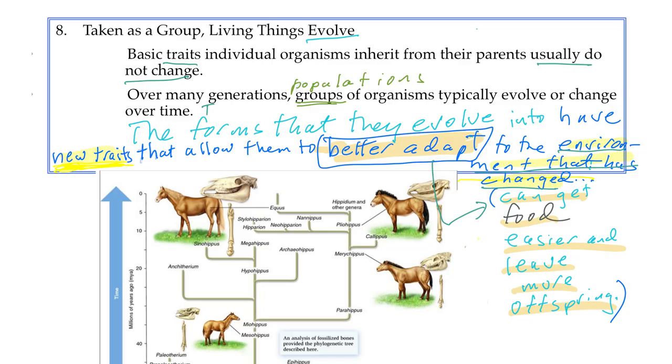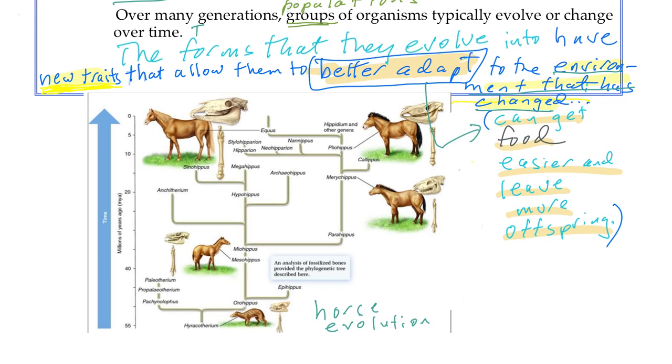If you look at this picture right here, this shows, let's see, millions of years ago, 55 million years ago, the horse was this little rat-like thing, very small. The ancestor of the horse, I should say, was very small like that, low to the ground.